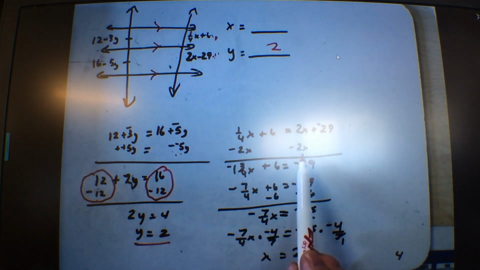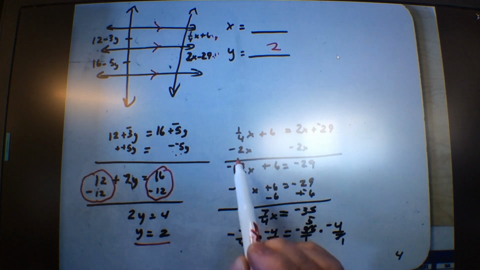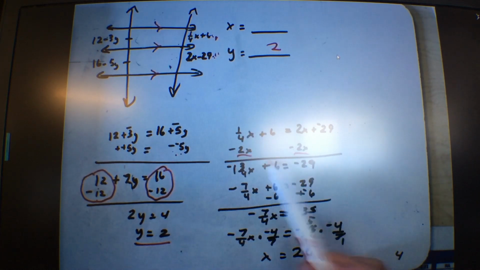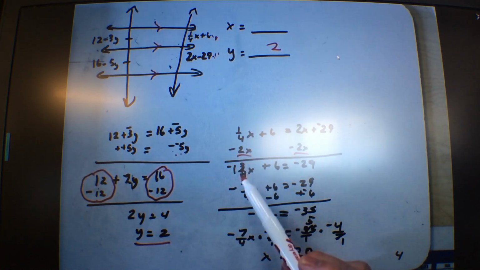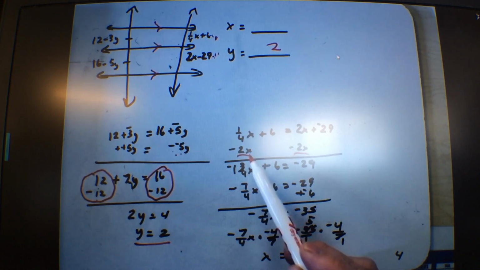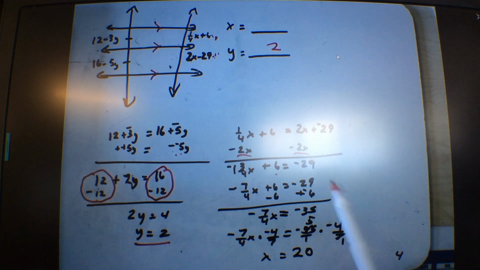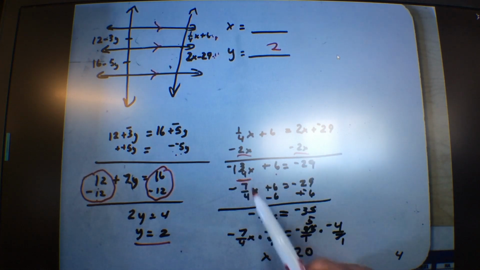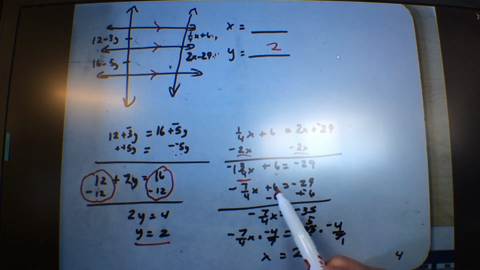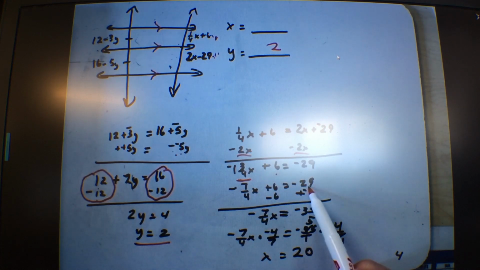I subtract 2x from both sides. That is a negative 1 3/4 x plus 6 equals a negative 21 minus... a negative 29, because this is 0. I change this to an improper fraction, negative 7/4 x plus 6 equals a negative 29.